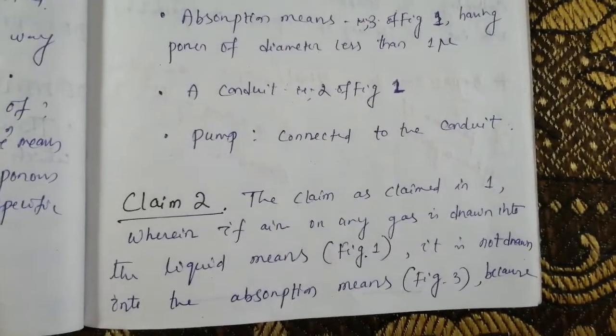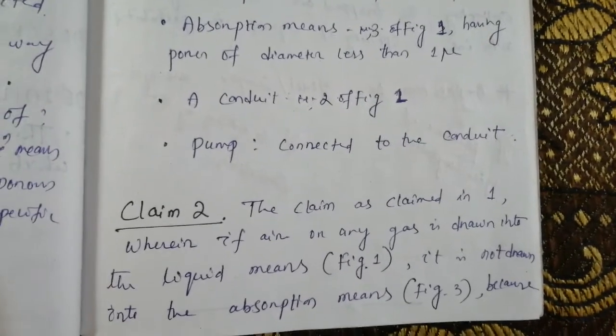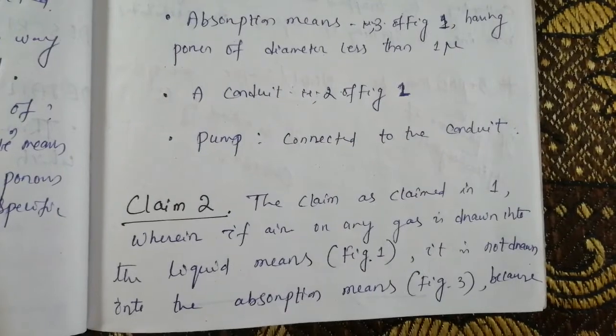is claimed in 1 wherein if air or any gas is drawn into the liquid means, that means liquid means is in figure 1. Actually, just a minute friends, I am just writing and I will read it again.